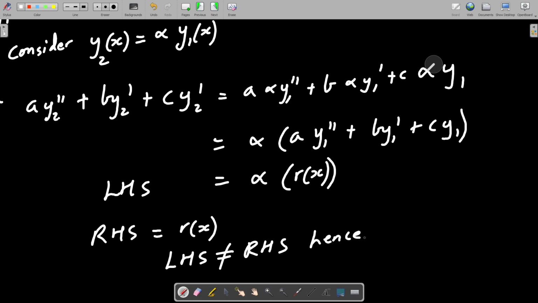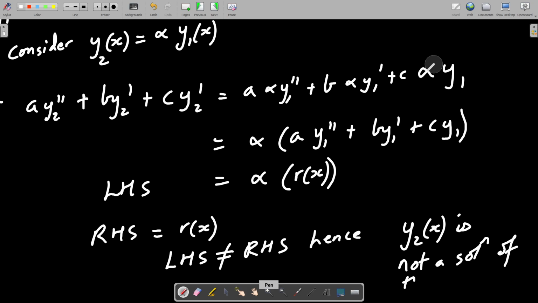Hence, y2 of x is not a solution of the given differential equation.